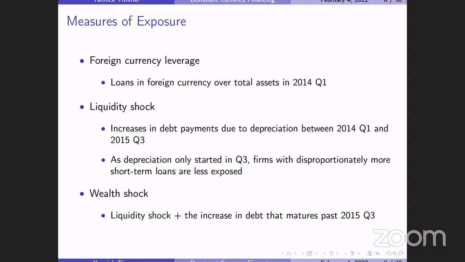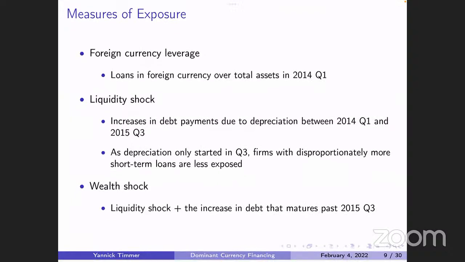So the firms that borrow in the very short term, just for 1 quarter or so, would actually show up with a positive liquidity shock, because there was a small appreciation in the peso just before this big depreciation started. We also are going to do a bit more, which I'm going to come back to, in order to address that issue, that this liquidity shock is really capturing some other characteristics.